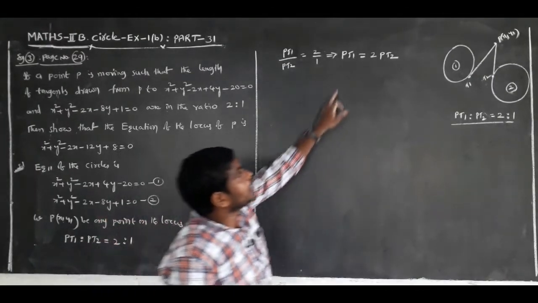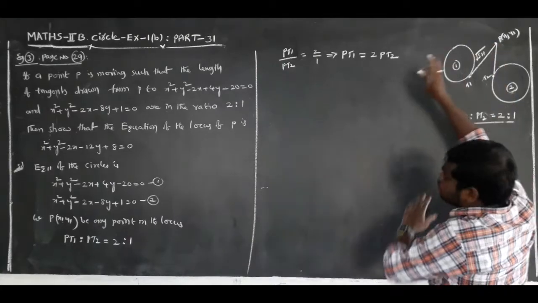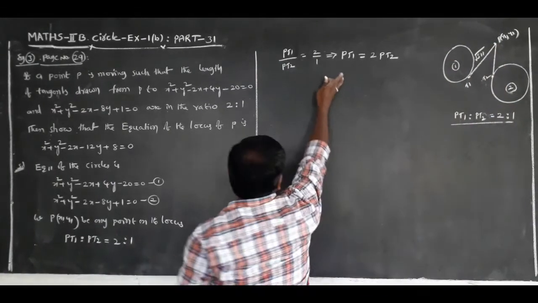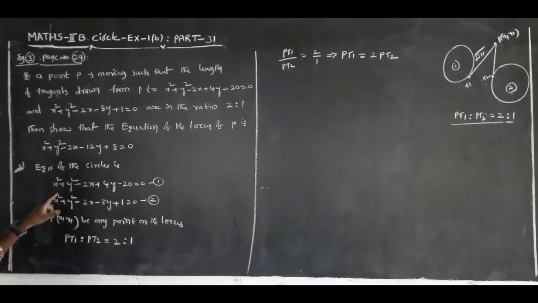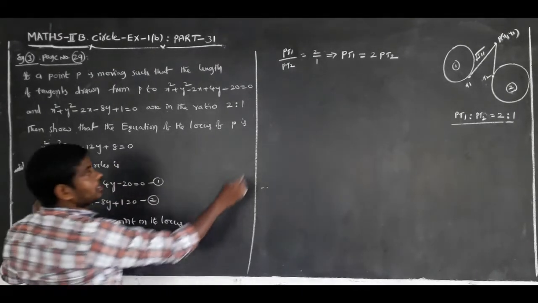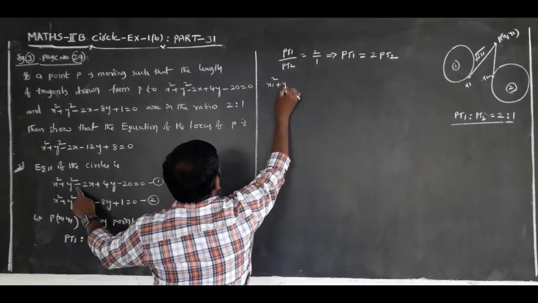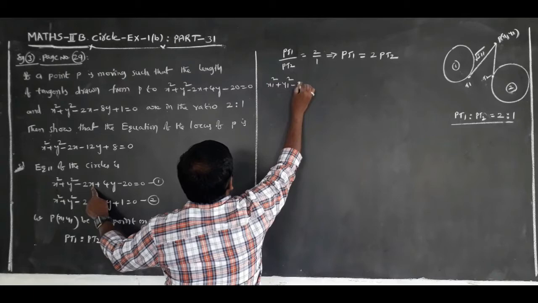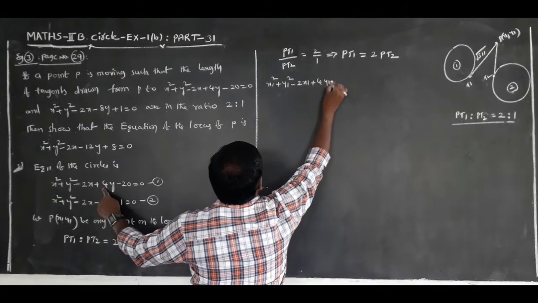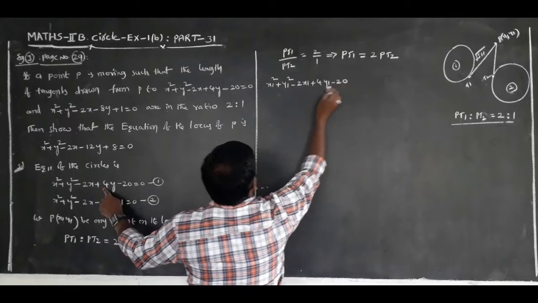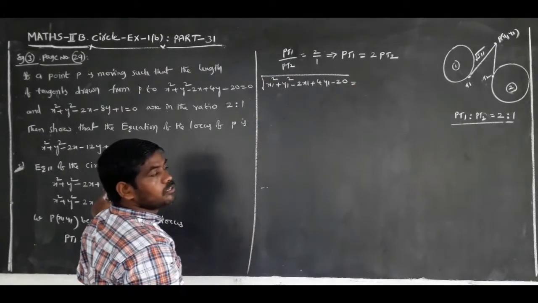PT1 means length of the tangent, root S11. Substitute x1, y1 on the first circle: x1 square plus y1 square minus 2x1 plus 4y1 minus 20. This is the PT1 value.